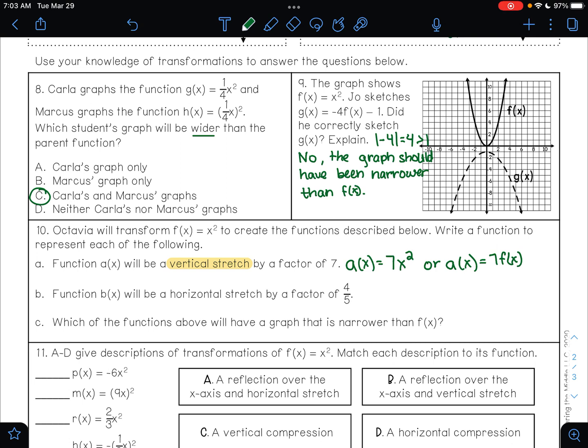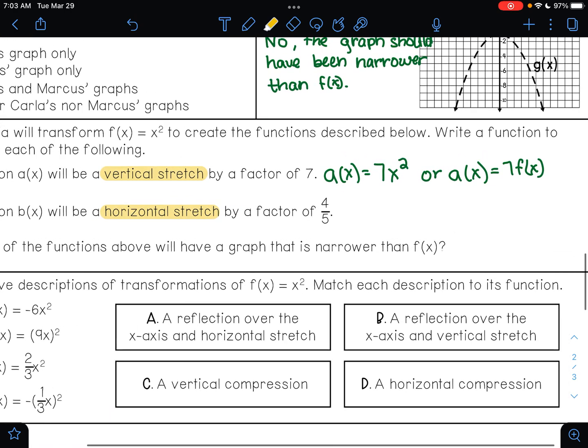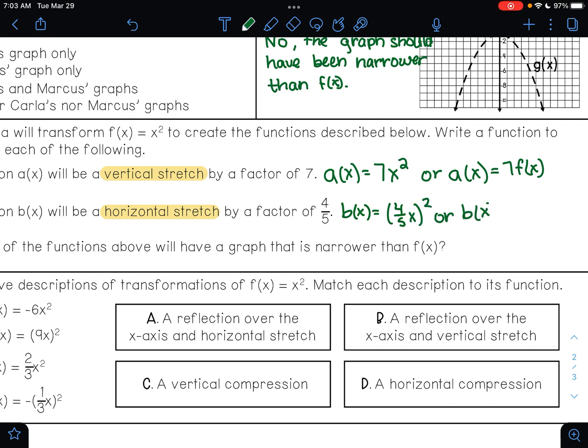Okay, now the function b of x is going to be a horizontal stretch by a factor of 4/5. So a horizontal stretch, all that means is it's going to go inside the parentheses. So we have b of x equals 4/5 x and a squared on the outside, or b of x equals f of 4/5 x.